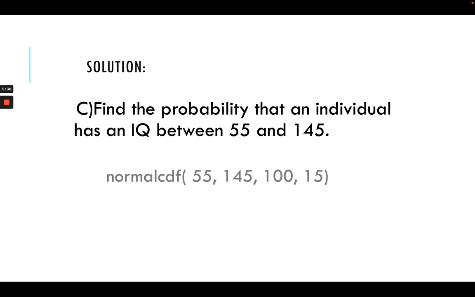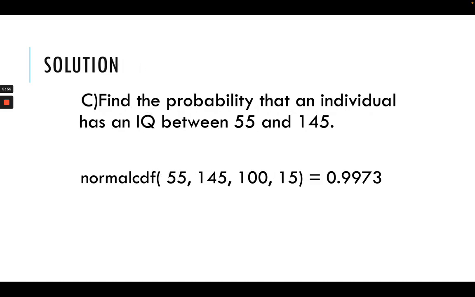And so that's going to leave us with our normal CDF since we're looking for probability. 55 as our lower bound, 145 as our upper bound, 100 as the mean, 15 as our standard deviation. And that should come around as 0.9973.